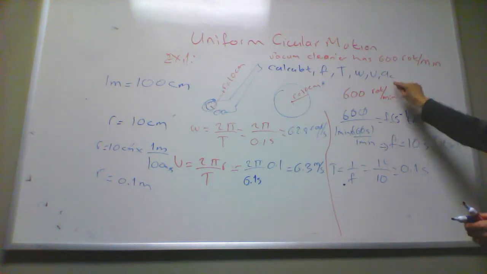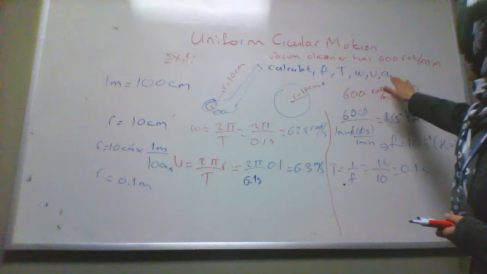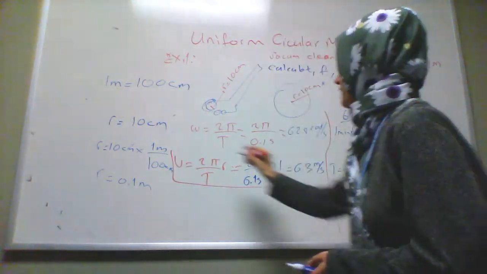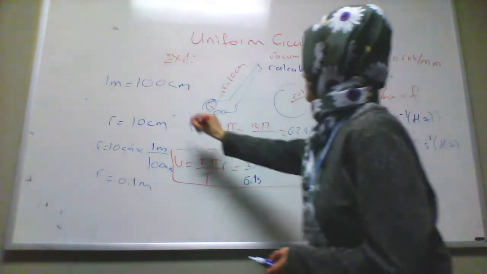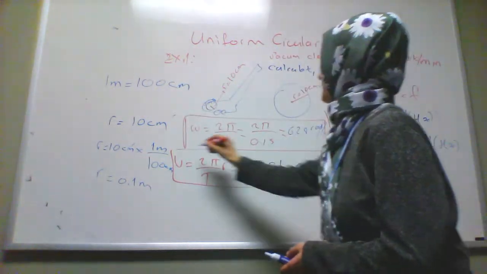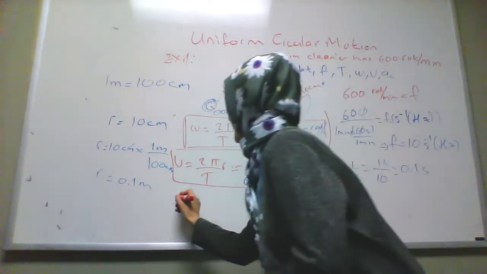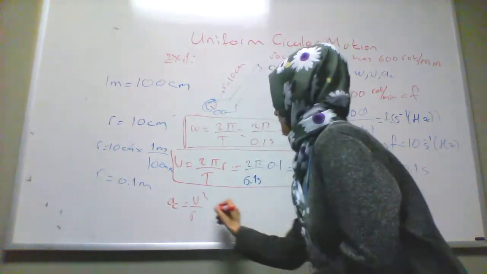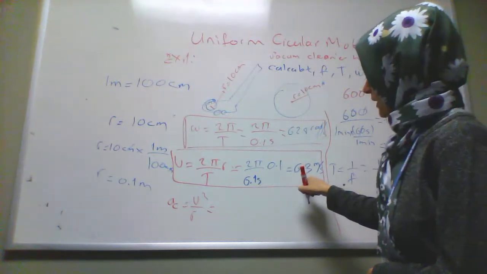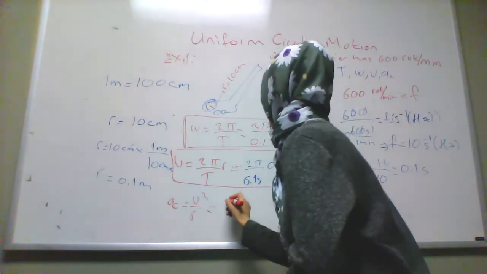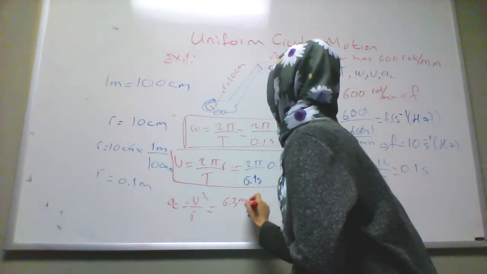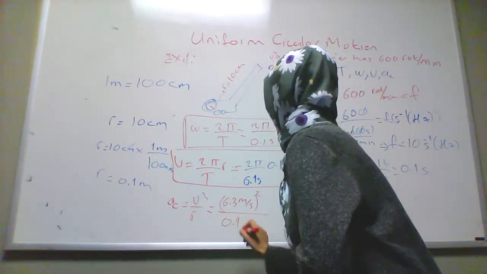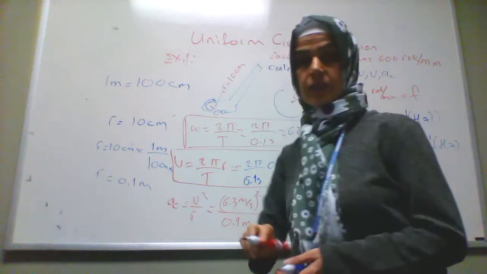Can we get a? Yes, because to get a, we have an equation. Let's define this so it won't be too messy in here. a_c is equal to v squared over r. So all I have to do is square this and divide by r again. 6.3 meters per second squared divided by 0.1 meters.